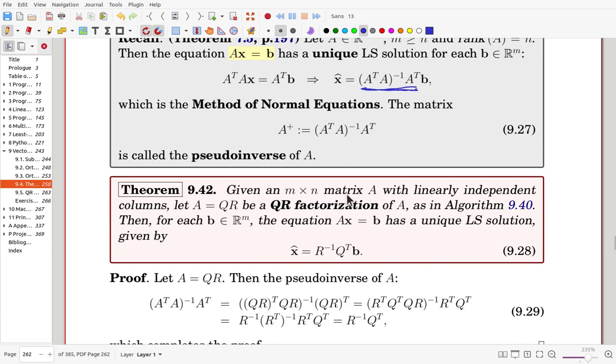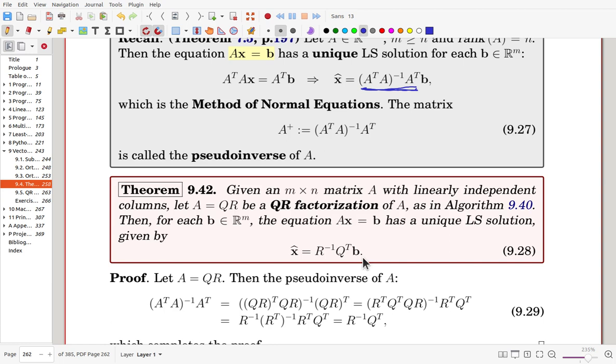The same matrix A, m by n, with linearly independent columns, and A equals QR is a QR factorization of A. Then for each choice of b from Rm, the equation Ax equals b has a unique least squares solution given by R inverse Q transpose b.